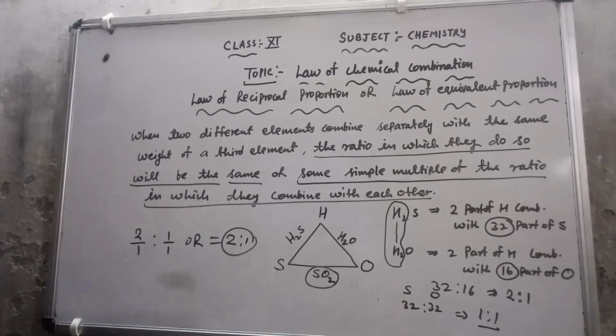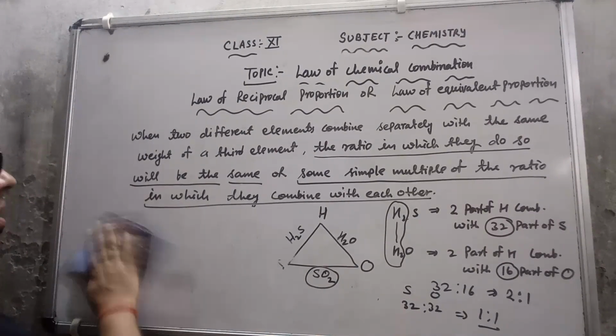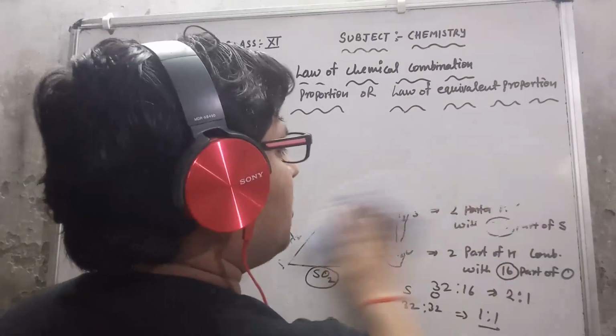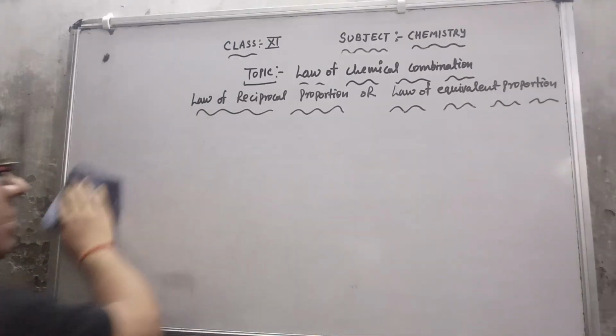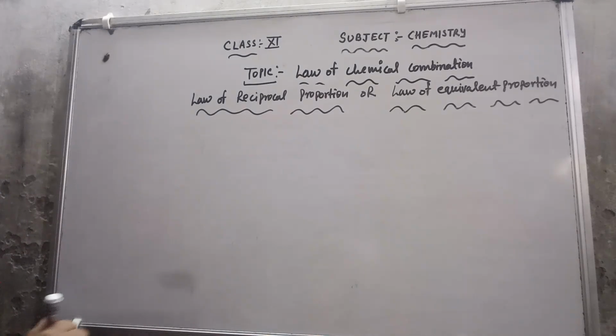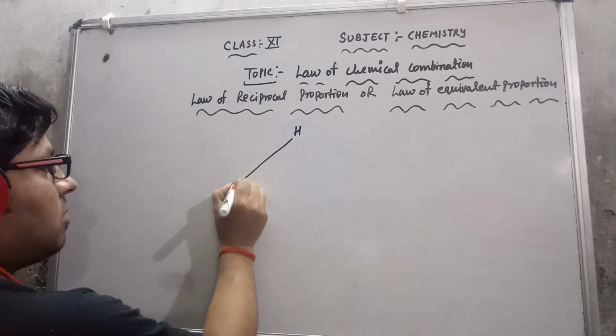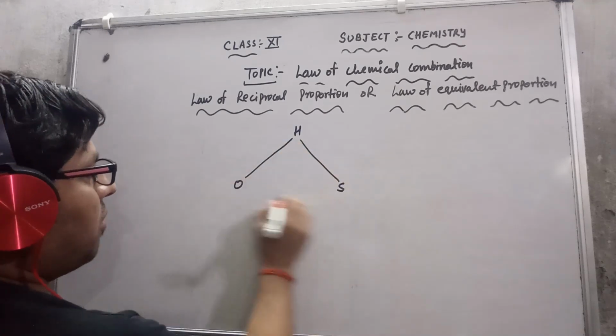Now, one more example I will discuss with you, where I will take the example of sulfur trioxide. Suppose I have the same hydrogen, oxygen and sulfur. This is hydrogen, this is oxygen, this is sulfur.